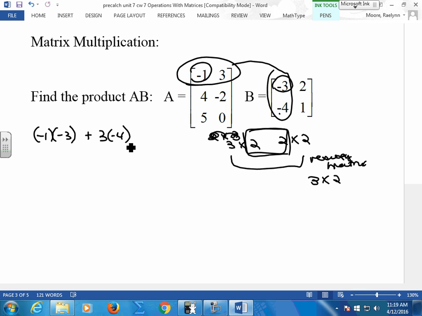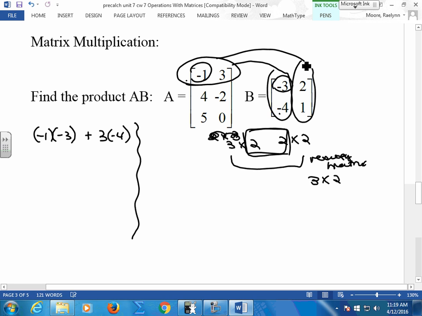Good so far? Then we take a little break. We multiply the first row by the second column, element for element: -1 times 2 plus 3 times 1.